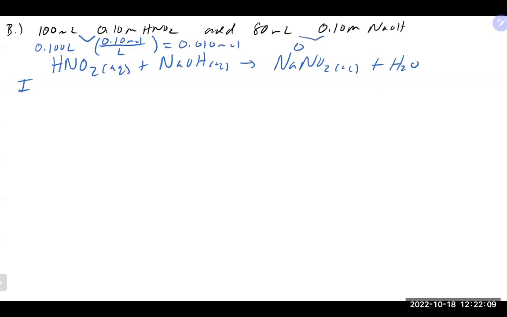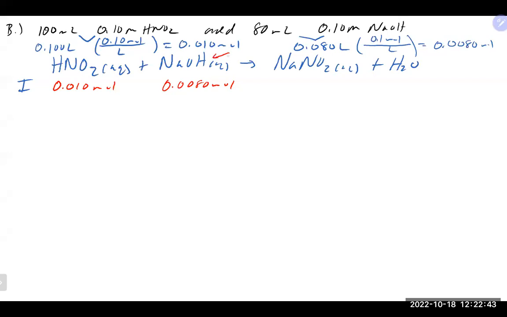Same thing here, 0.08 liters, which is our 80 milliliters converted to liters, times 0.1 moles per liter. 0.08 times 0.1 gives us 0.008 moles of our sodium hydroxide. So putting our numbers into the table, HNO2 is 0.01 moles and 0.008 moles for this guy.